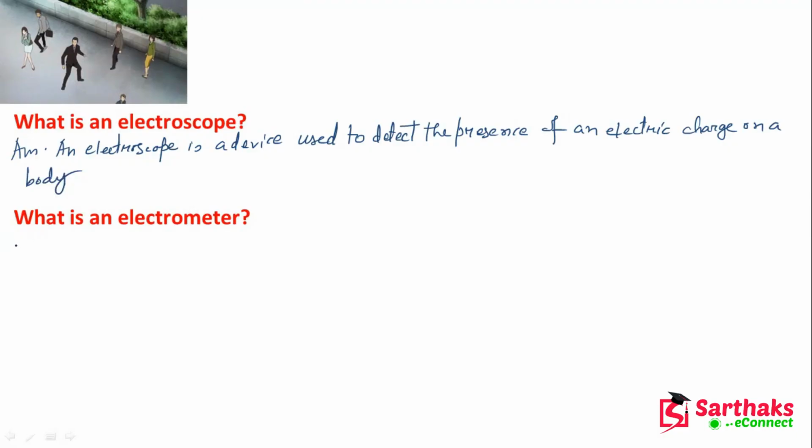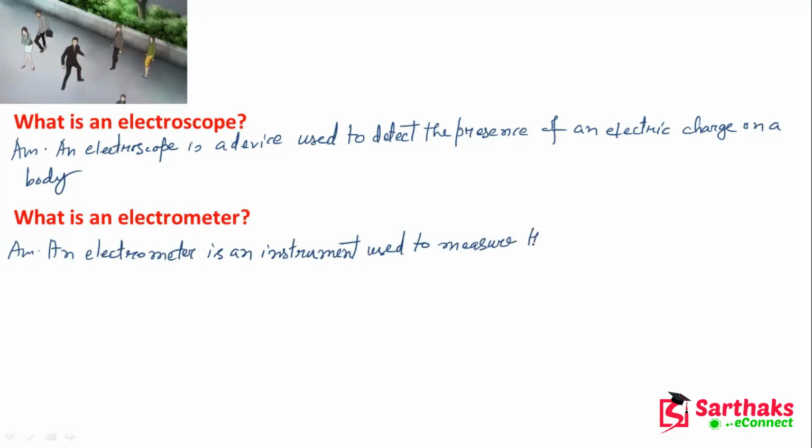What is an electrometer? An electrometer is an instrument used to measure the charge quantitatively.